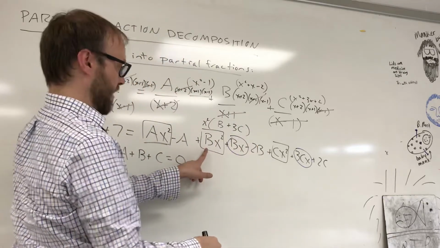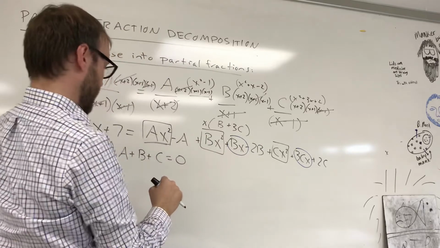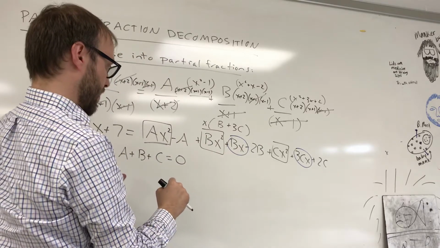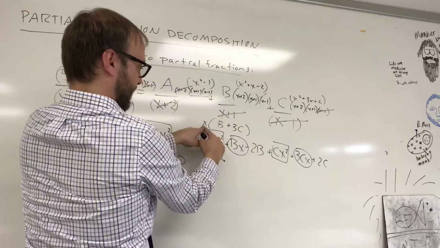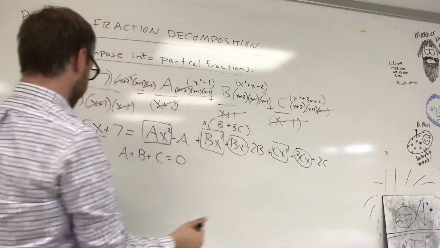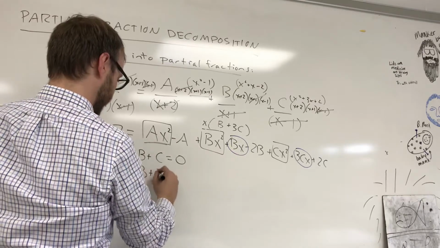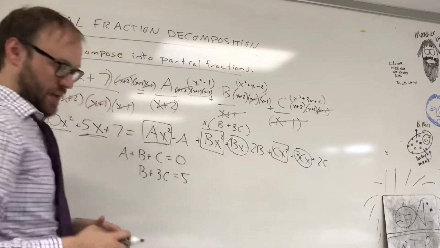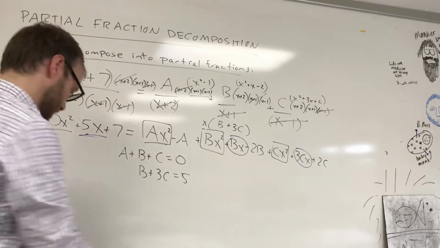Sorry, b plus 3c times x, okay? So b plus 3c is supposed to be equal to 5. We have that, okay? And now I can look at my constant terms, okay?